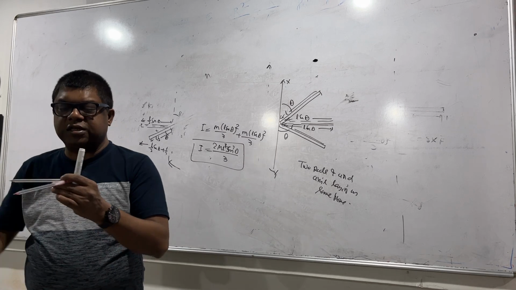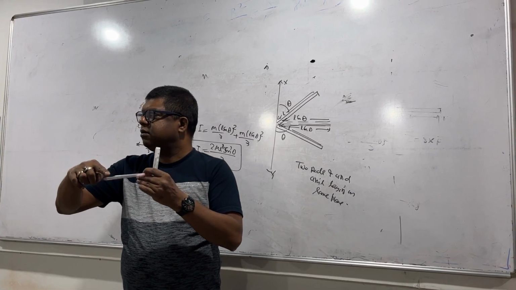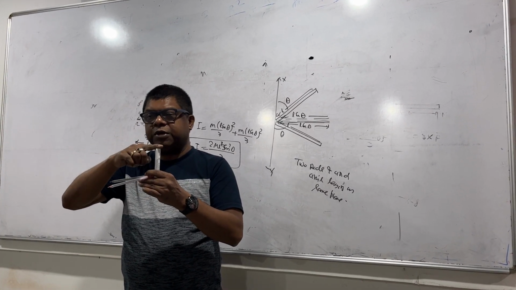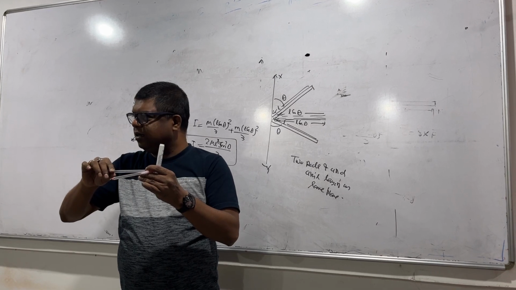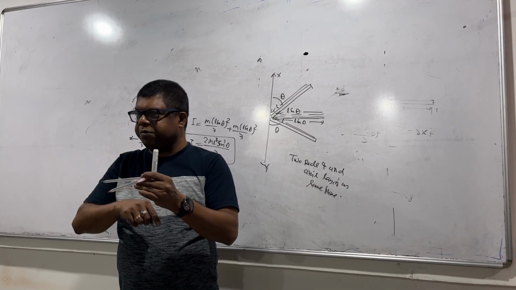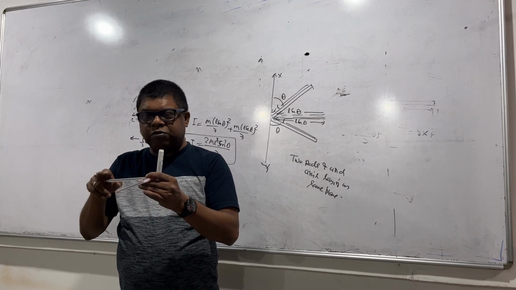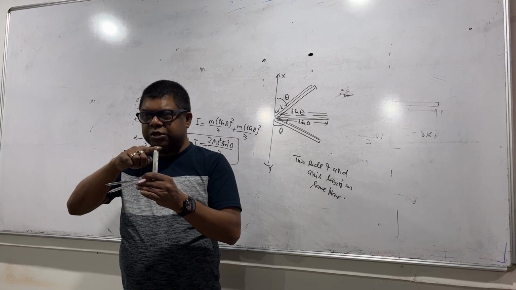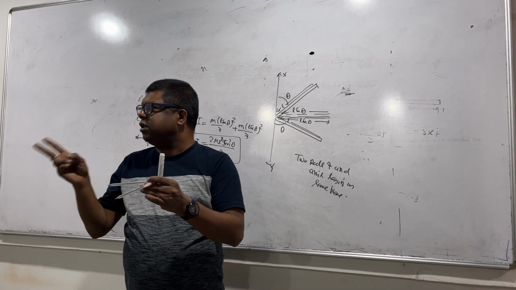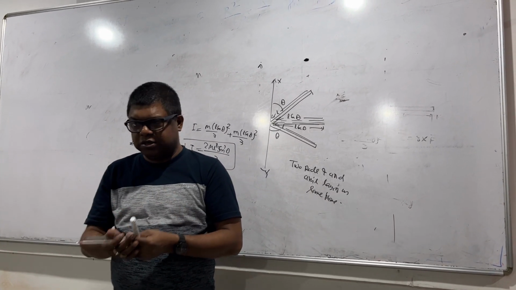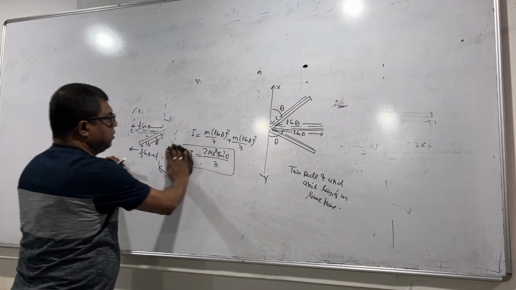In this case, for one rod of length L, its moment about one end is mL^2 by 3. This is L, and its moment about the axis perpendicular to the rod at one end is mL^2 by 3. This is mL^2 by 3, this is mL^2 by 3, that is equal to 2mL^2 by 3. Yes or no? So write down.